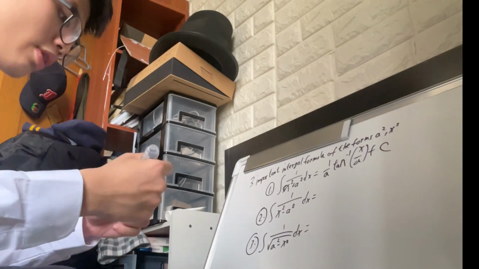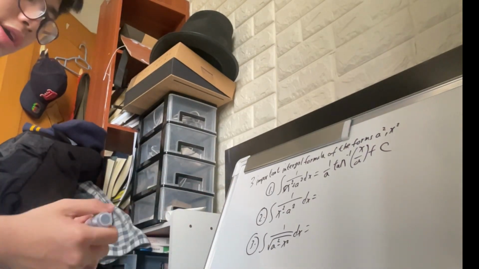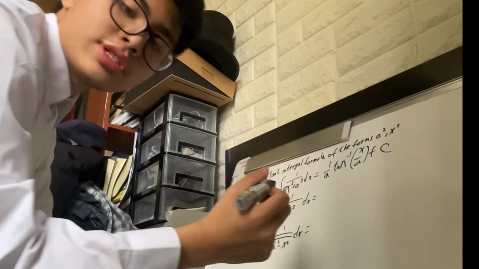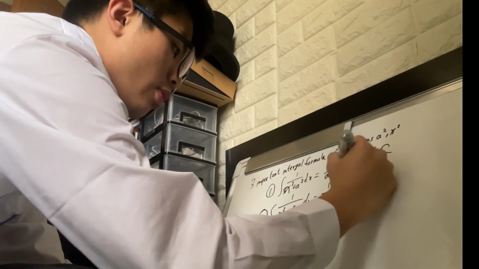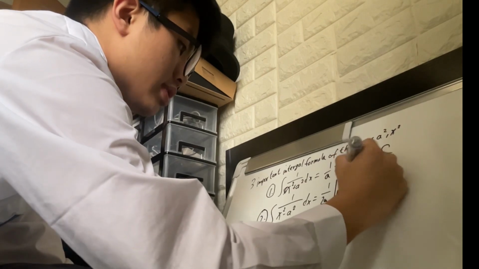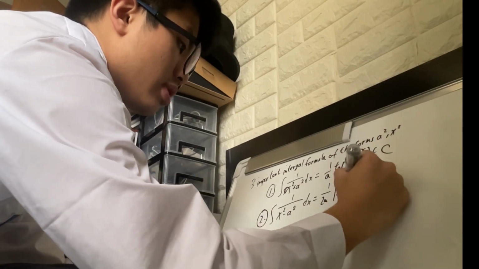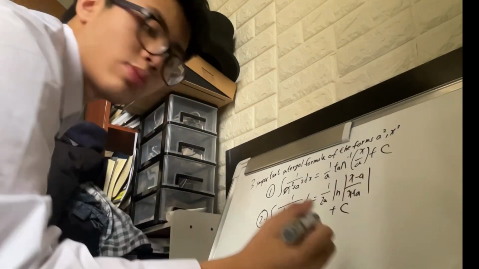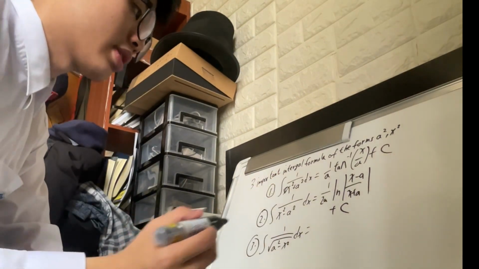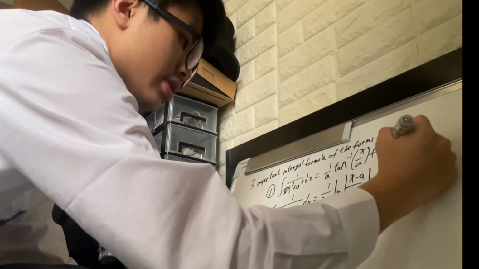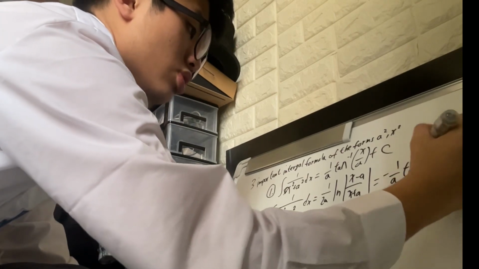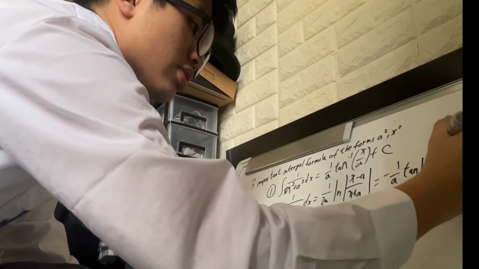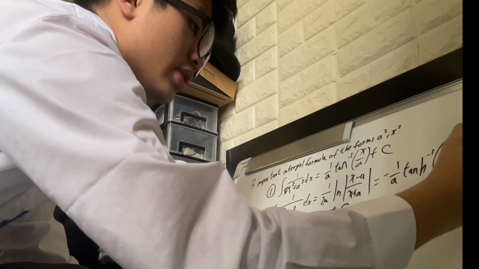Our second formula is the integral of 1 over x squared minus a squared. The first version of this is 1 over 2a ln of the absolute value of x minus a over x plus a, plus c. And the second one is our inverse hyperbolic tangent one: negative 1 over a inverse hyperbolic tangent of x over a plus c.